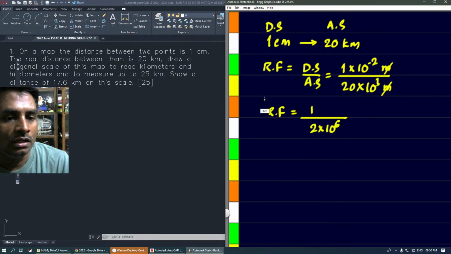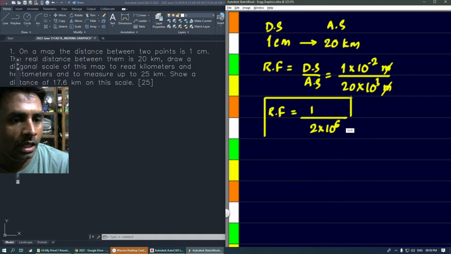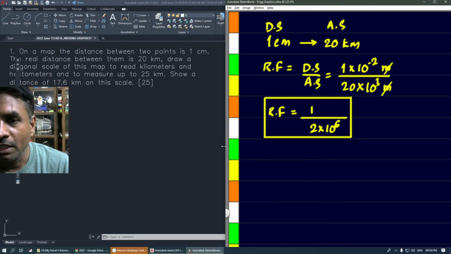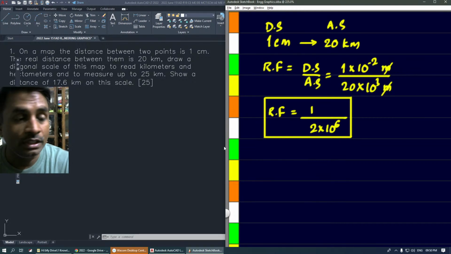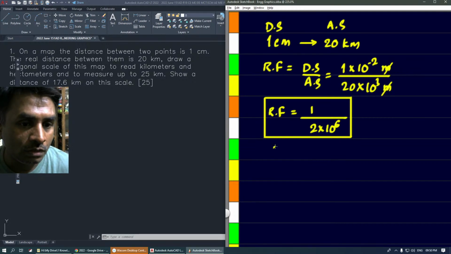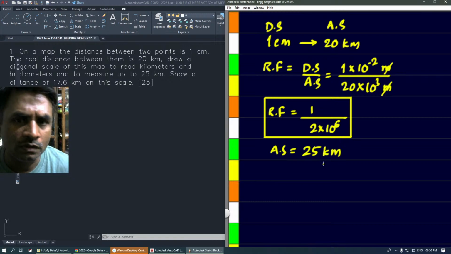So this here is our RF value, and next, using this RF value, we need to find how long we need to draw the scale. The actual length of the scale is given to us, and that's turning out to be 25 kilometers.